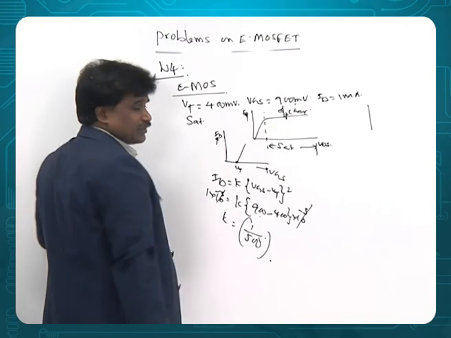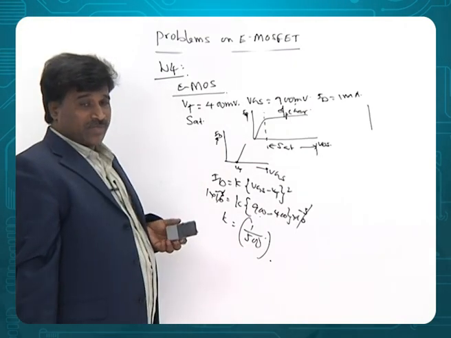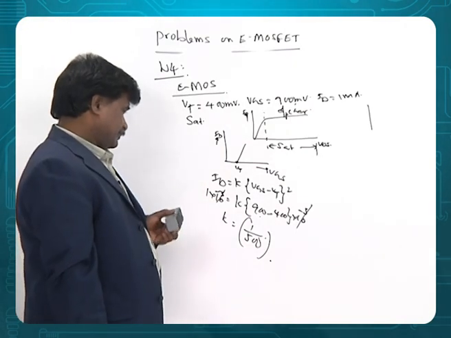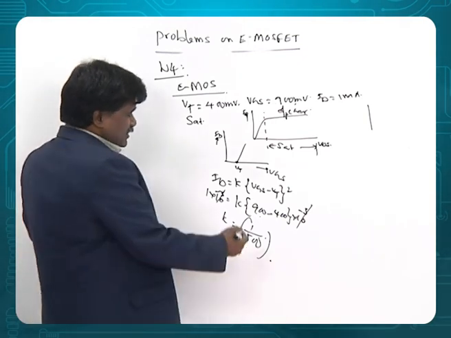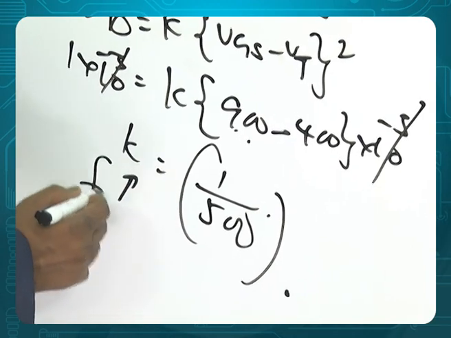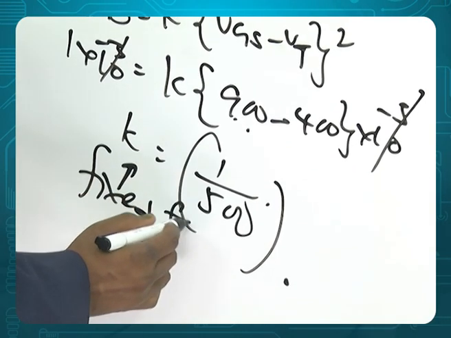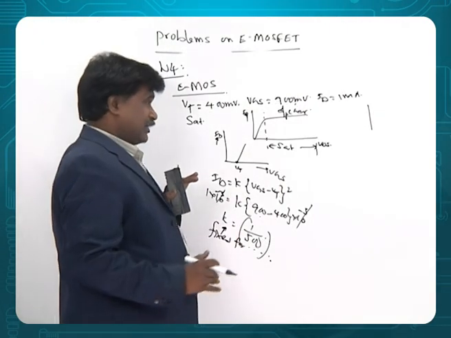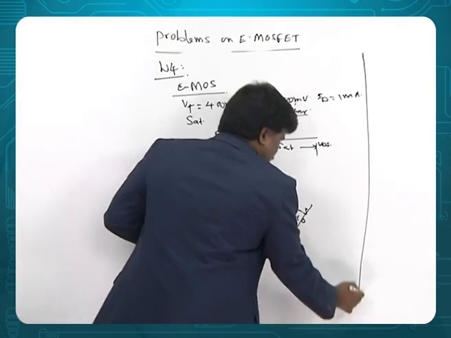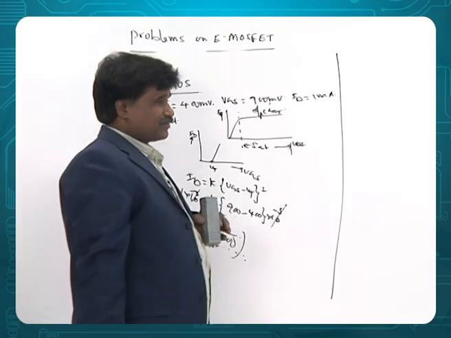That's the value there. 1 by 500 is the value. Simple. Now what is this K? K is fixed for a given device. For a given device that does not change. When it doesn't change, what happens?